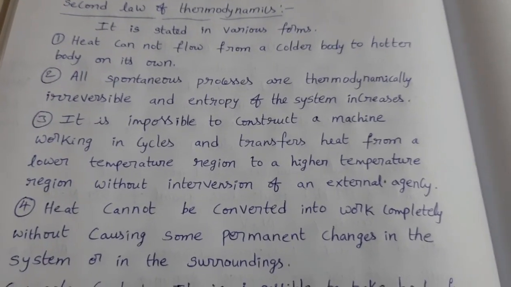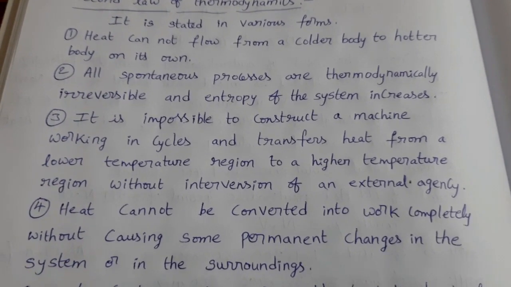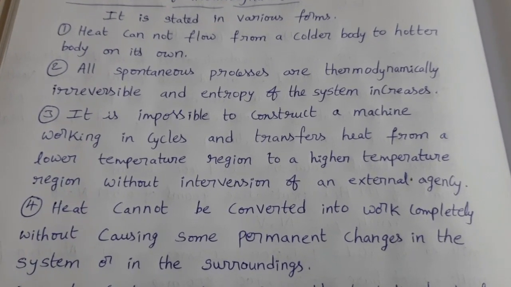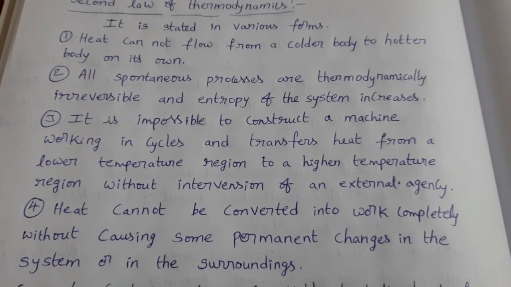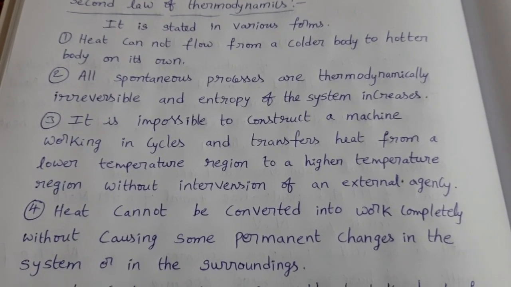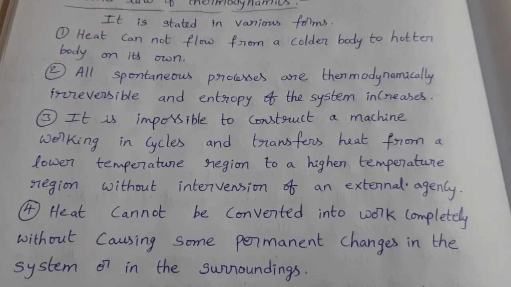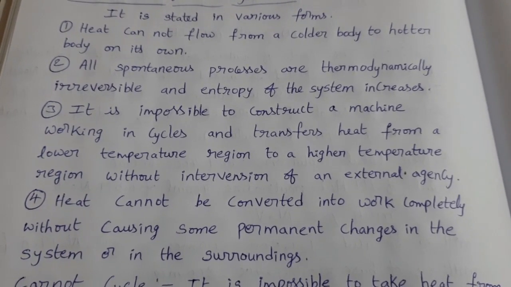Next, another statement. Heat cannot be converted into work completely without causing some permanent changes in the system or in the surroundings. Now, if we want to convert heat into work completely, then some changes should take place in the system or surroundings. Then only is that conversion possible.